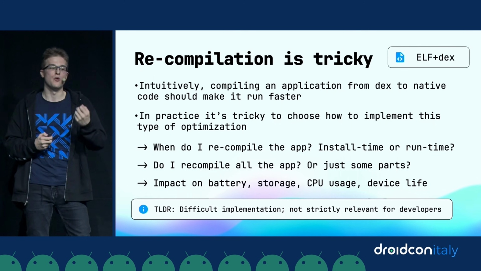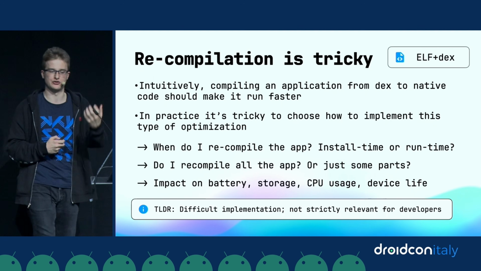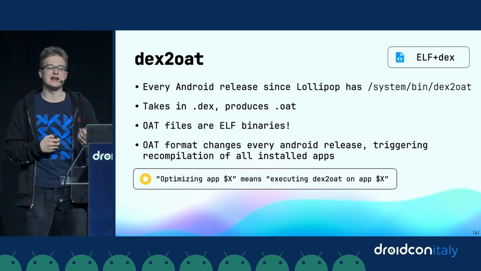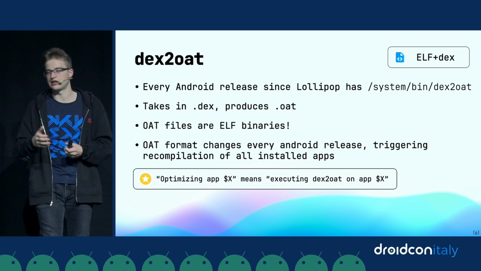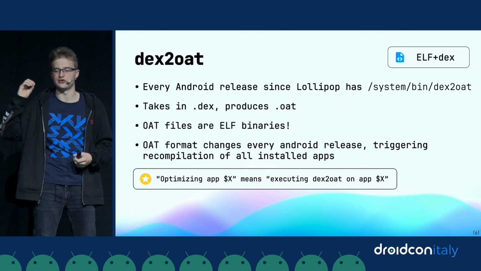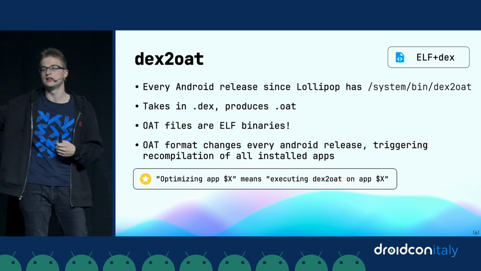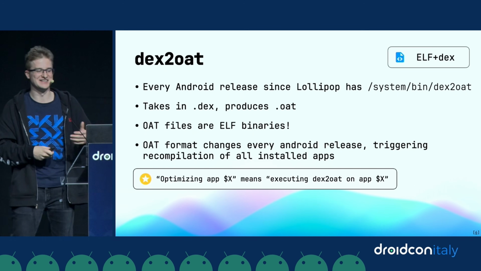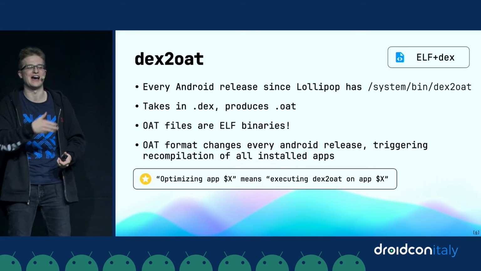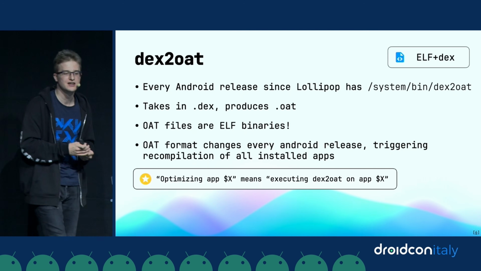But the point is that when the application gets shipped to the device to be installed, it gets installed, and then it gets passed through a tool called DEX to ODE. DEX is basically another conversion format. You switch from a DEX file to an ODE file. ODE is just a pun that someone made for naming the thing. It stands for ahead of time, meaning pre-optimized.